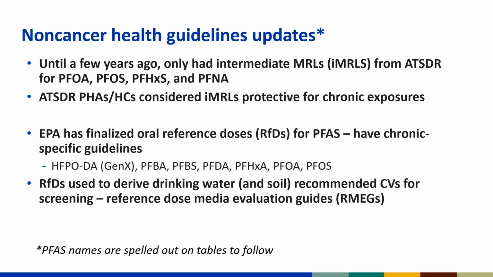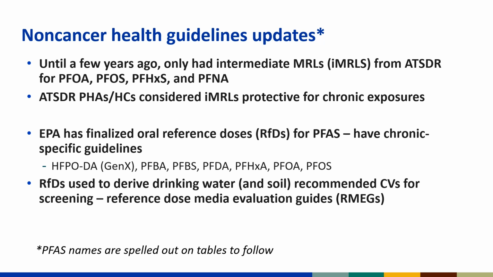So up until pretty recently, the only official CVs we had available for screening PFAS were the intermediate EMEGs based on our intermediate duration MRLs from the 2021 tox profile. Because the intermediate studies were based on steady state PFAS blood levels in the animals, we considered these protective for chronic exposure durations.